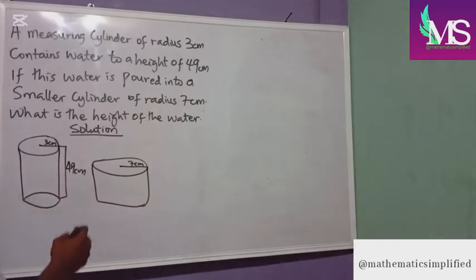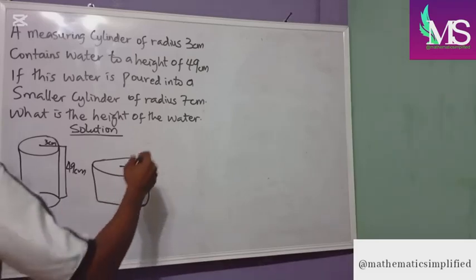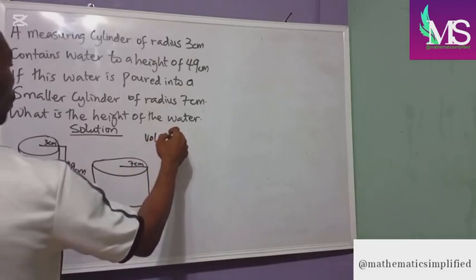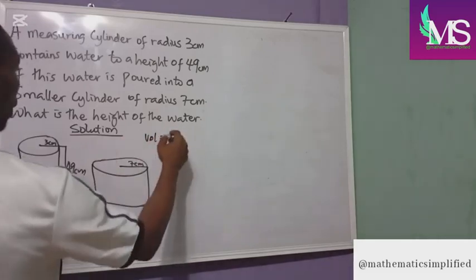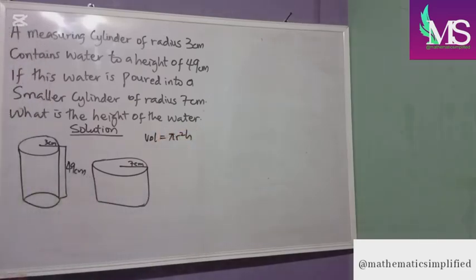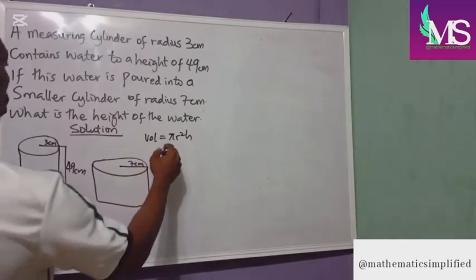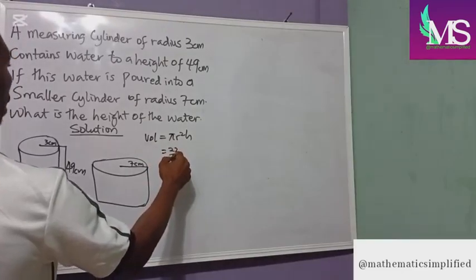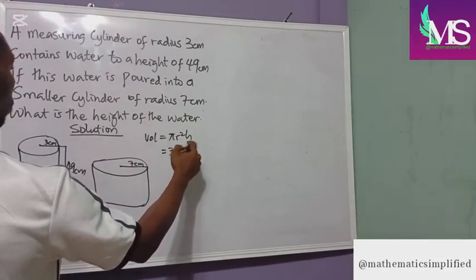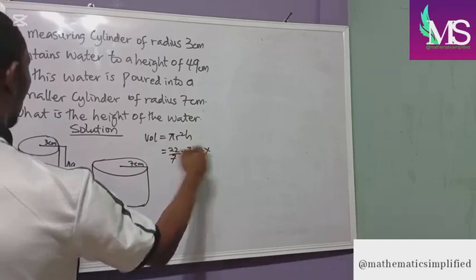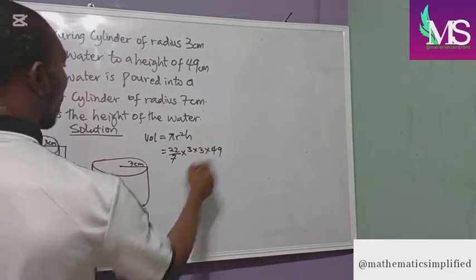Now, for us to calculate the volume of water in our cylinder, we have it as pi r squared h. So the volume of water here is going to become 22 over 7 times 3 times 3 times our height, 49.